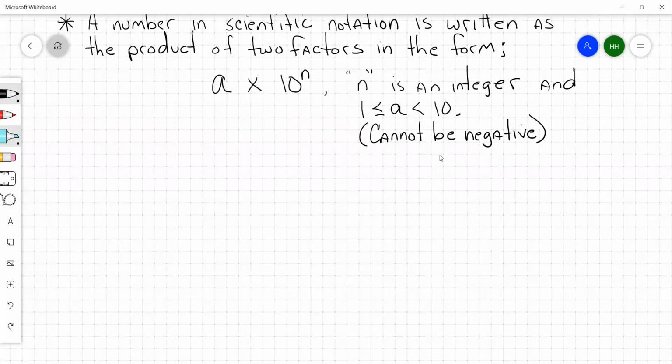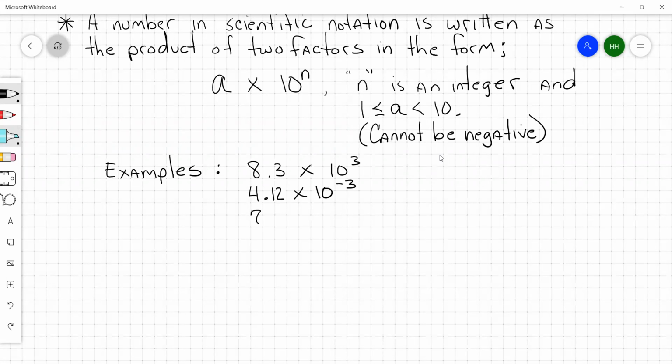So some examples would be 8.3 times 10 to the third, 4.12 times 10 to the negative third, 7.1 times 10 to the second.